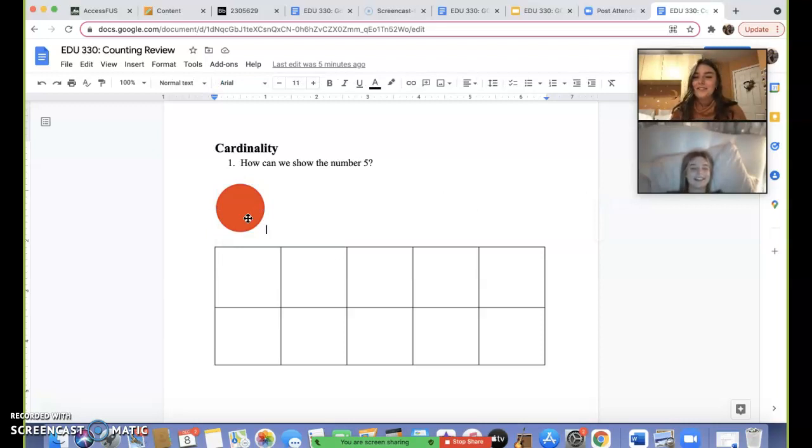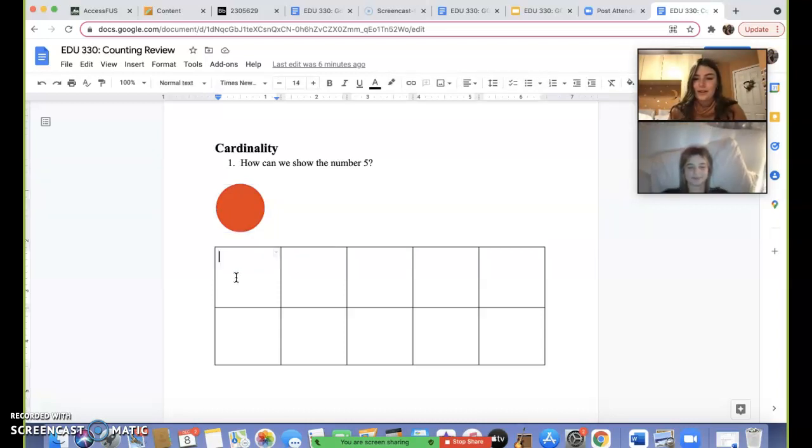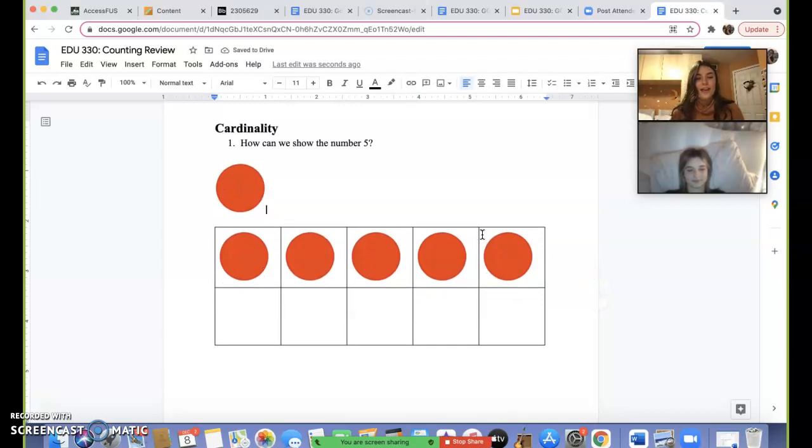So instead of doing that, maybe we can put one red dot in 5 different squares. Okay, let's do that instead. So I'm going to go ahead and put 1, 2, 3, 4, 5. Okay, so does that show 5 red dots?